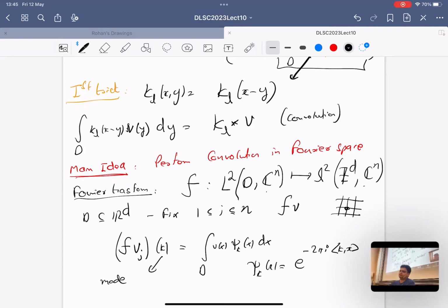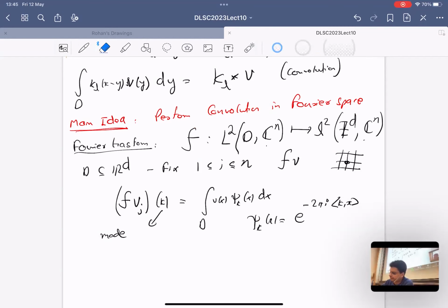I just don't want to write the complex exponentials all the time, so I always write them in terms of these psi_k functions. These are the trigonometric or complex exponentials, trigonometric polynomials, whatever you want. So Fourier transform is: take a function, integrate against the complex exponential, component j of course. Otherwise, it's a vector, right?